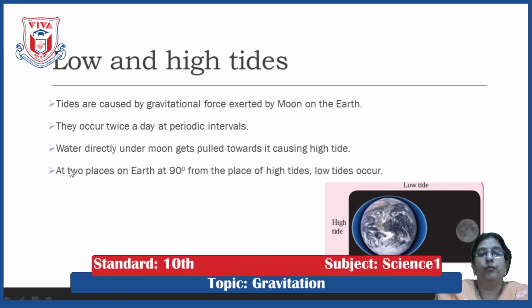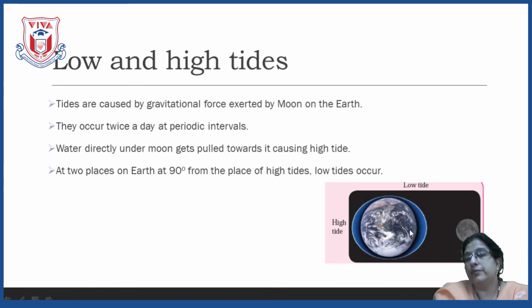See here, the water directly under the moon gets pulled towards it. Due to the force it gets pulled towards the moon, and that's why the water level increases. If the water level increases, at that time we say that high tide has occurred.